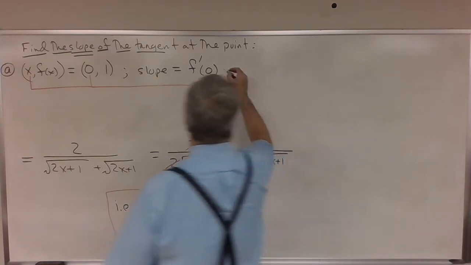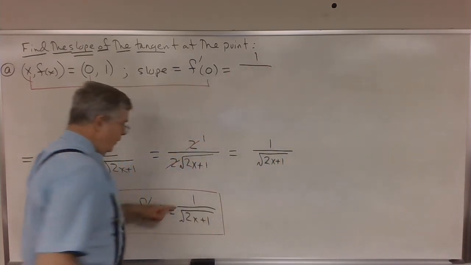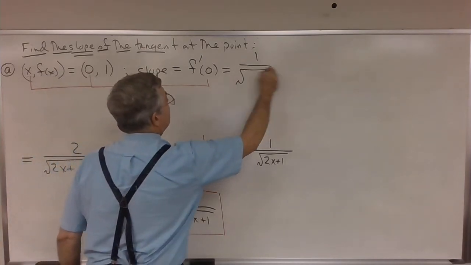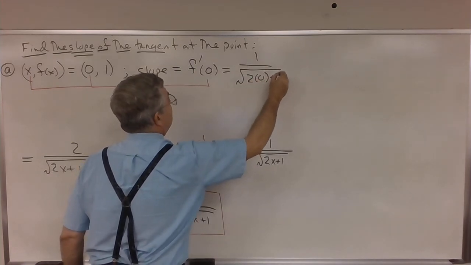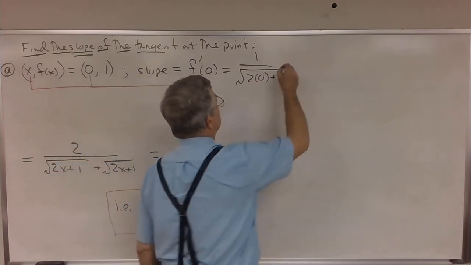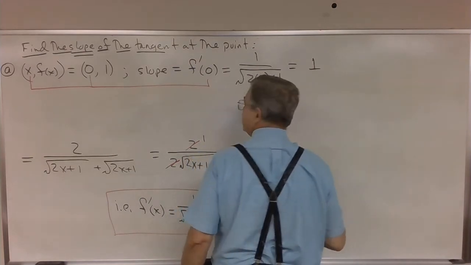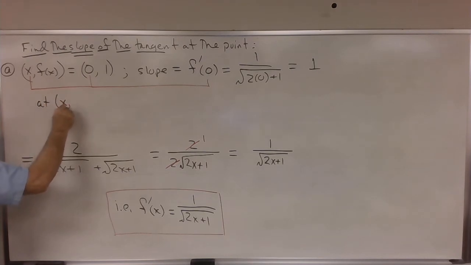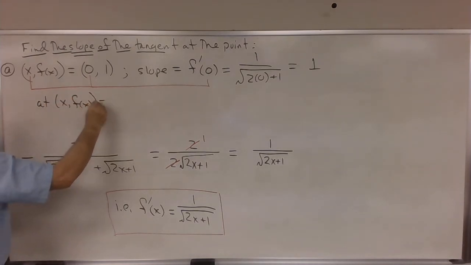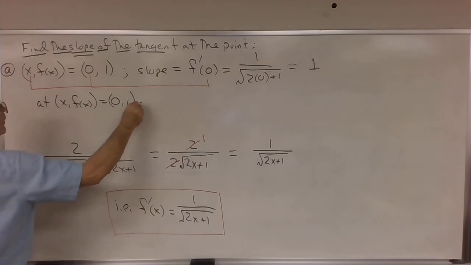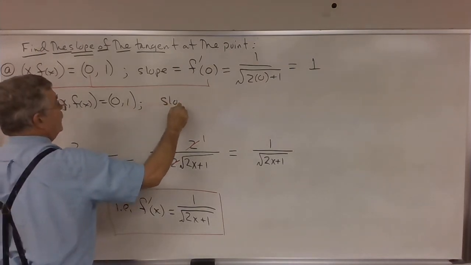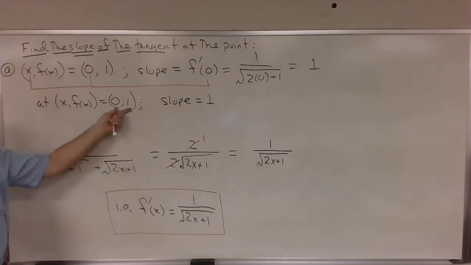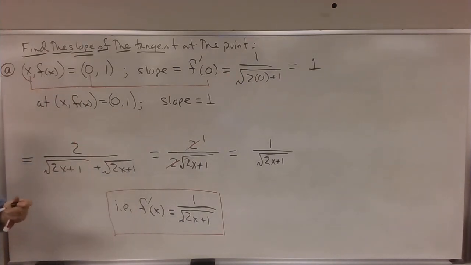So I'll get 1 over 2 times 0 plus 1. So at the point 0, 1, the slope of the tangent is 1.